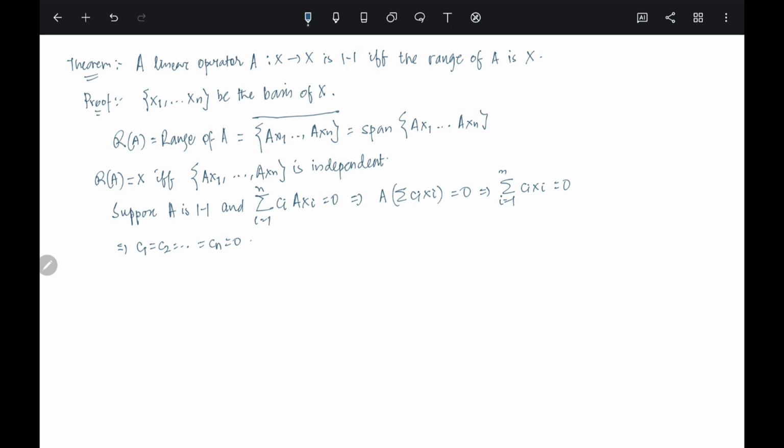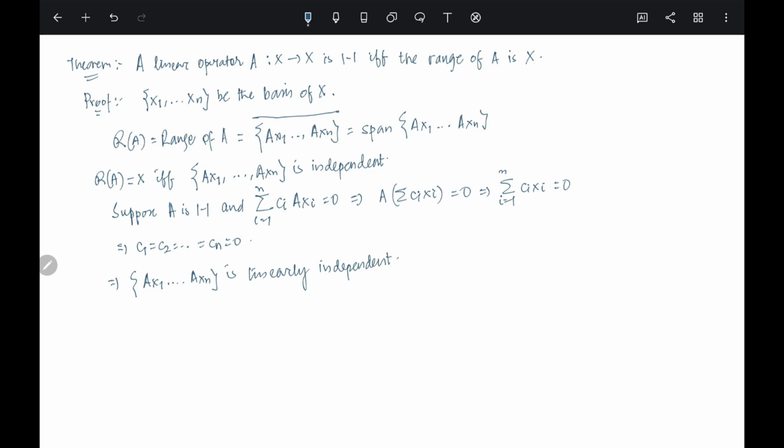And then the Ci's are always 0, because x1, x2, ..., xn are the basis of x. So summation Ci Axi is 0 and the Ci's are 0, which implies that the set Ax1, ..., Axn is linearly independent.